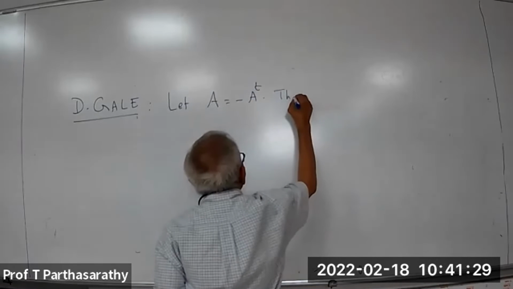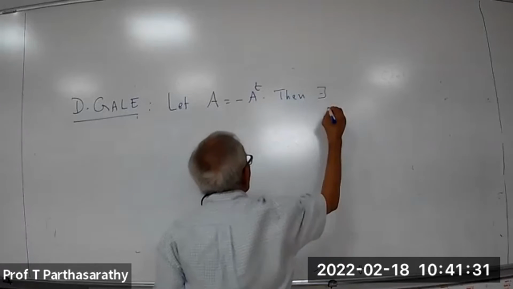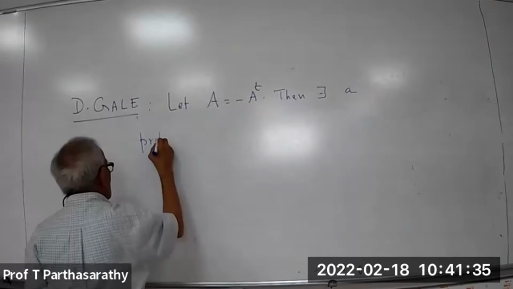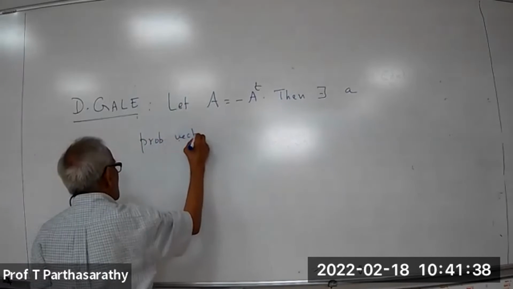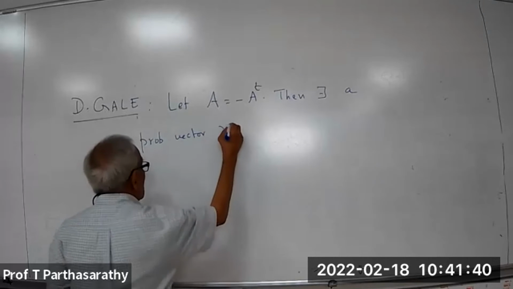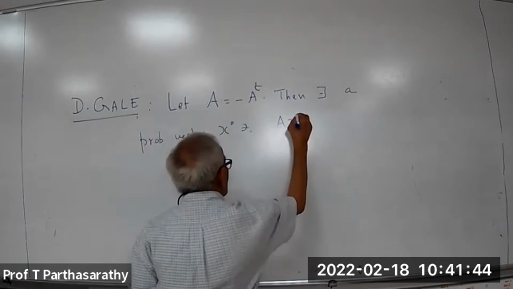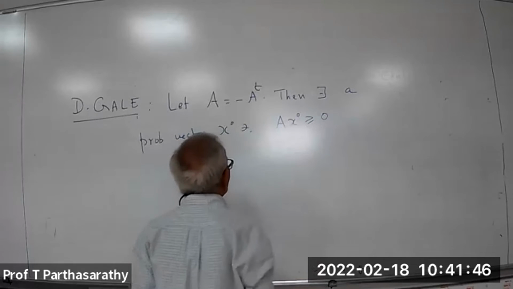Then there exists a probability vector x naught such that A x naught is greater than or equal to 0.